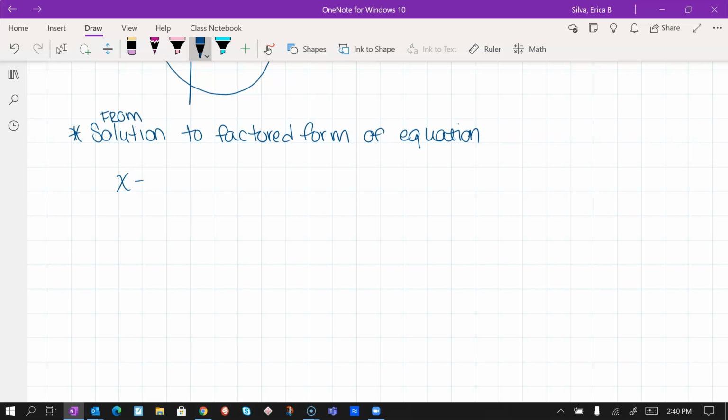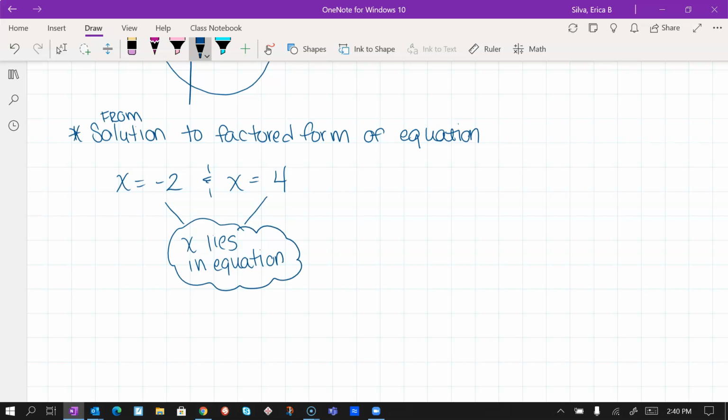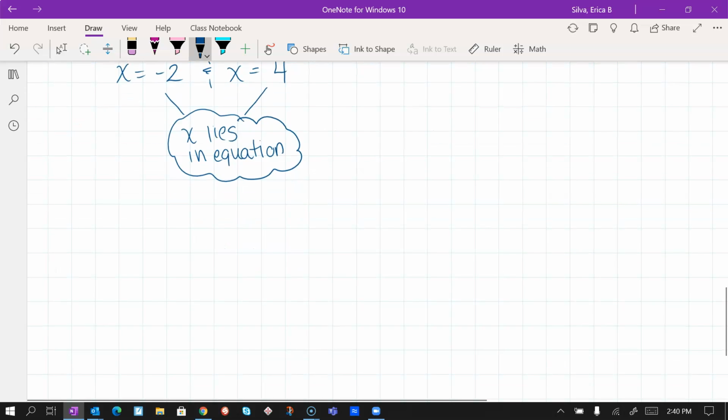So we're going to get x is equal to -2, the example we just did, and x is equal to 4. And remember that x lies in the equation. So because x lies in my equation, my first factor is going to be x plus 2, because remember it's opposite.